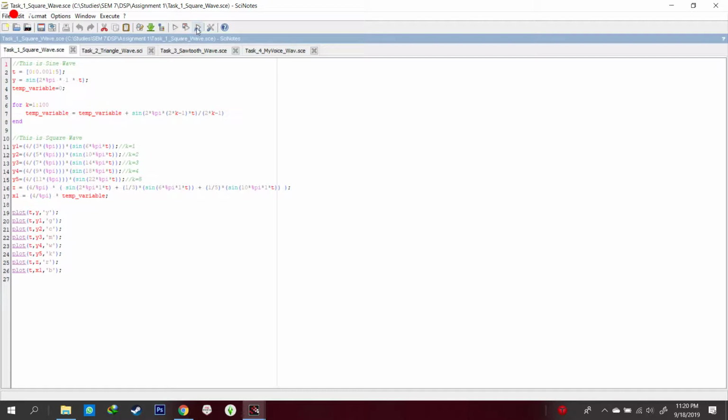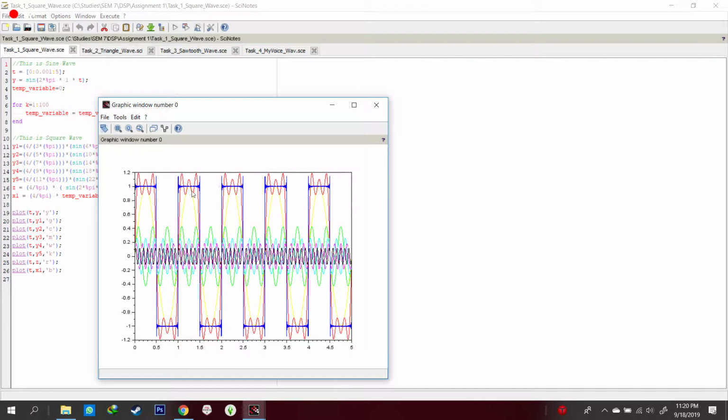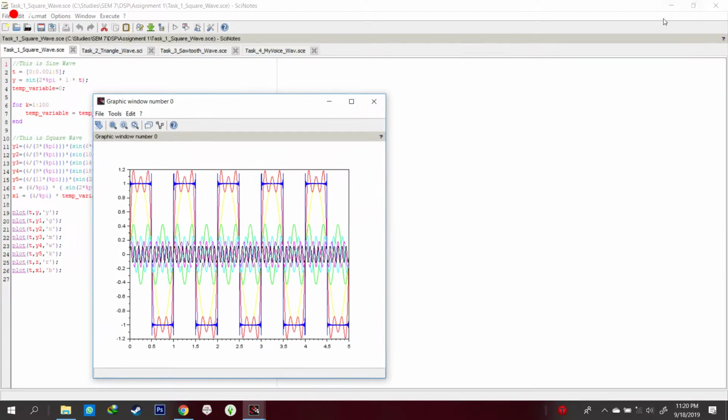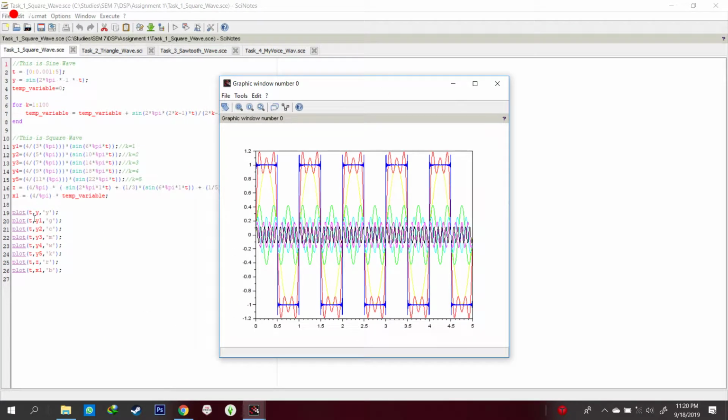If we run this, you will get the square wave. As you can see, this is the equation that I said before. It will show you like this, and this is the first harmonic, and then the second, third, fourth, and fifth harmonic of the square wave. The sine wave is the yellow one.